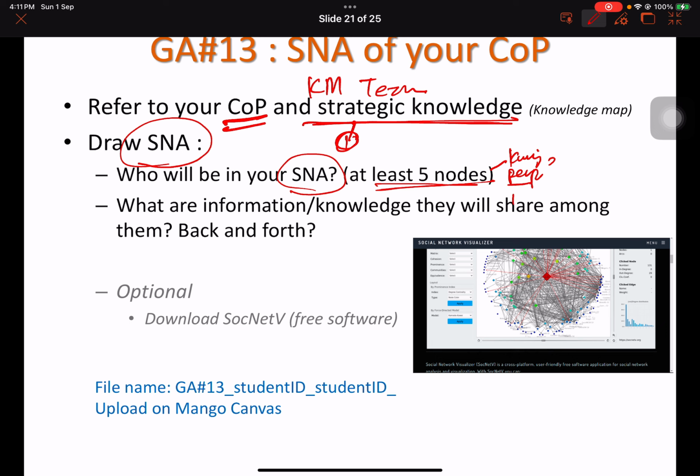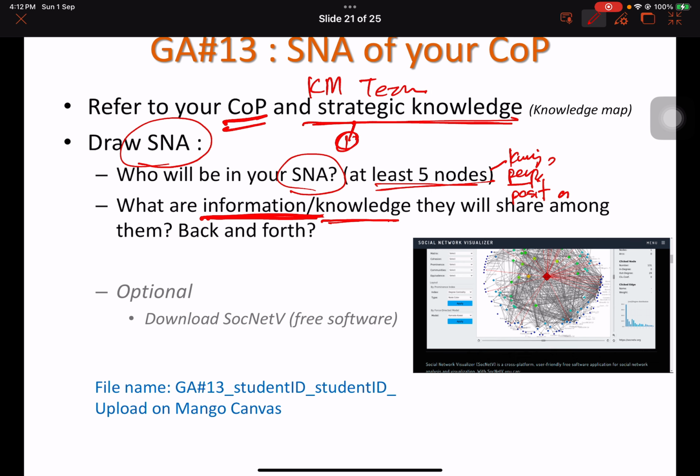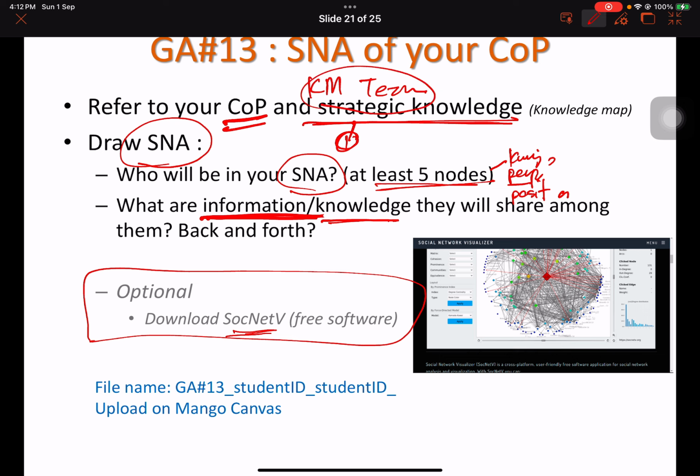They should be shown by position; you don't need to show the name. And talk about the information flow like this: what is the information flow? Optionally, you can download the software SocNetV, a free software to use. It's up to you, but it should be part of the KM term paper.